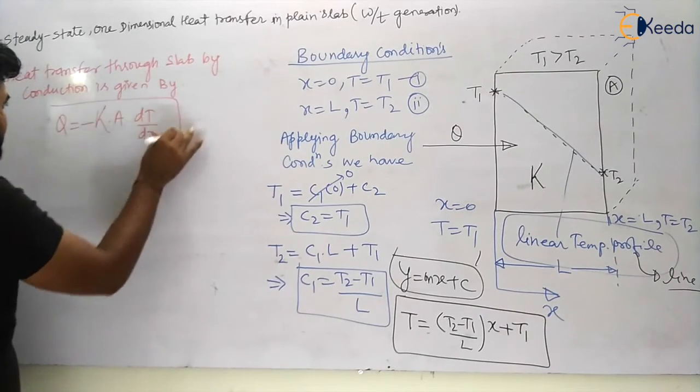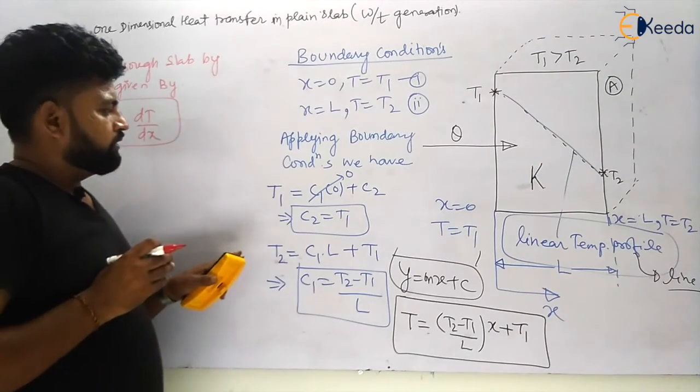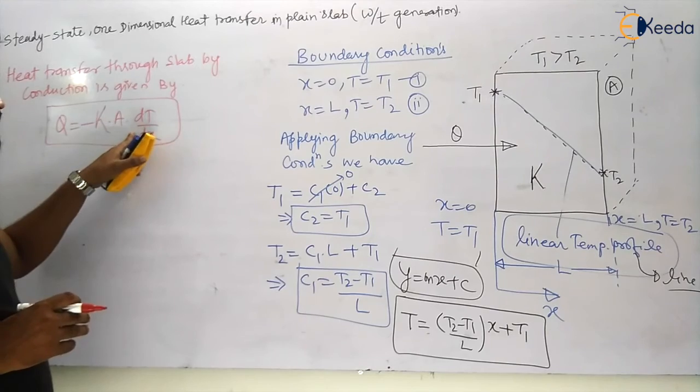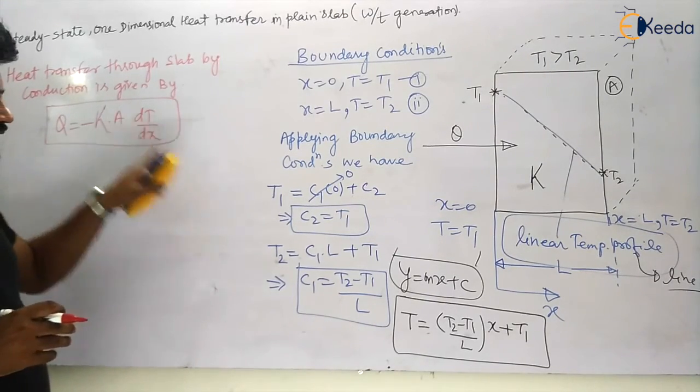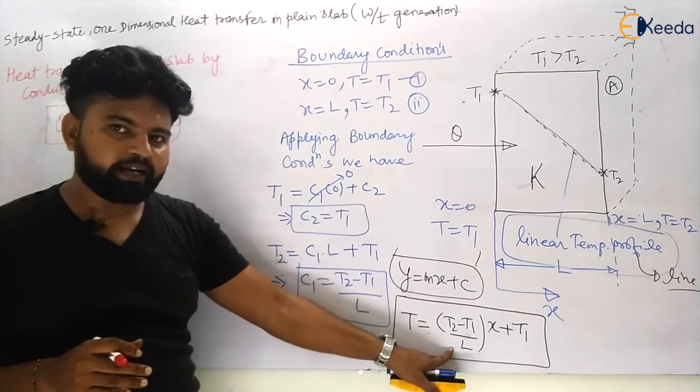So can I calculate the value of dT by dx? Yes, I can calculate the value of dT by dx from this equation. So this will become T2 minus T1 by L.